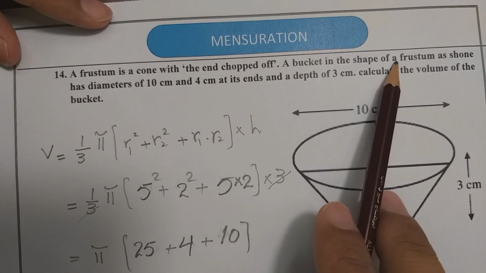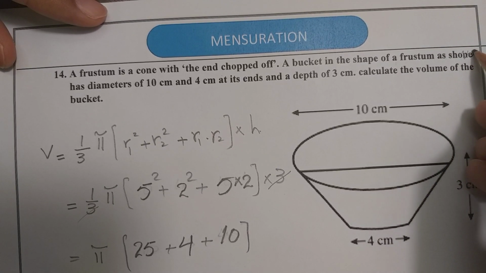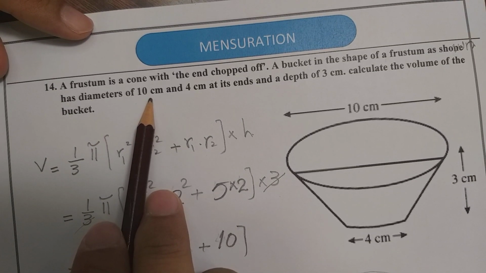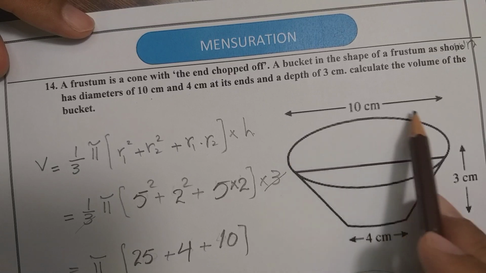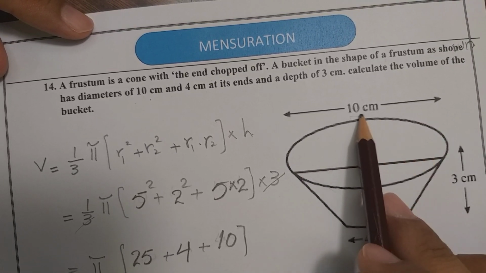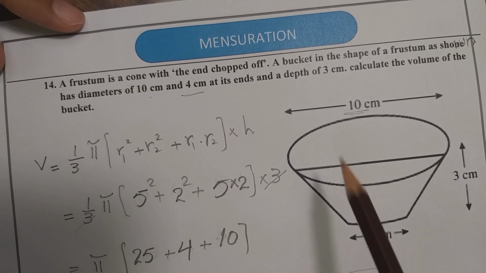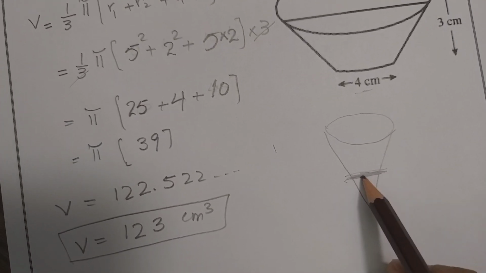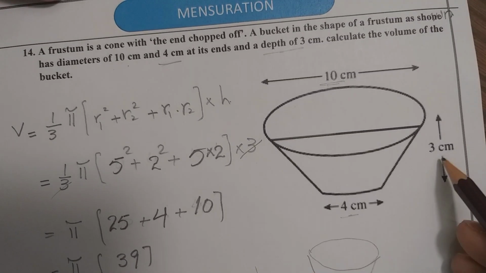A bucket in the shape of the frustum, as shown, has diameters of 10 centimeters and 4 centimeters. So the diameter of the bigger part of the cone is 10 centimeters, and the small part is 4 centimeters. The depth of the bucket after cutting the cone is 3 centimeters.